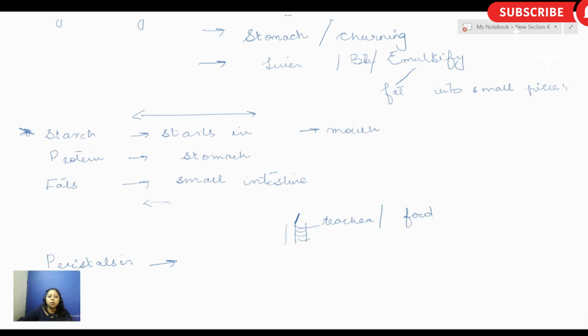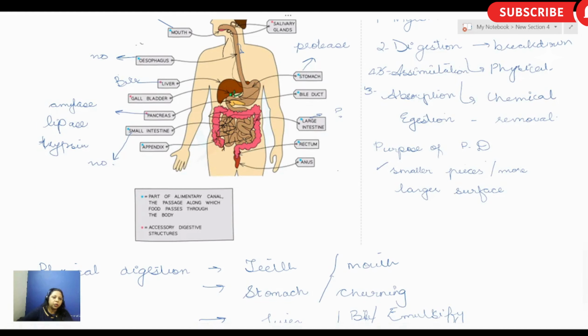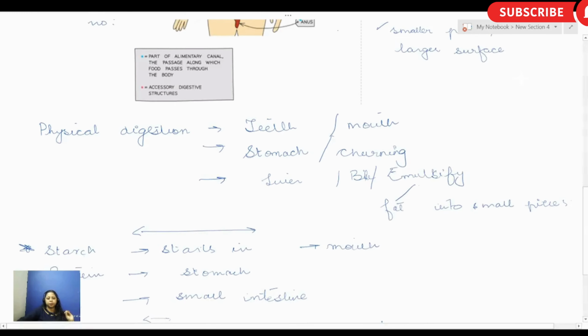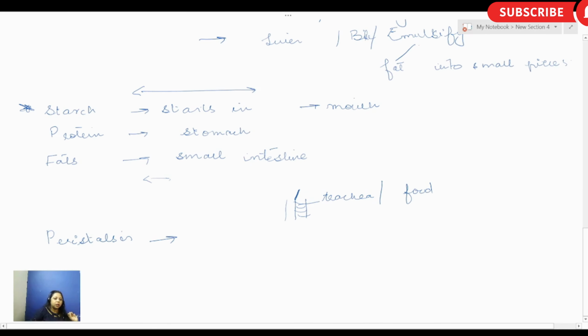Okay, so let's say it moves into the stomach. Now the stomach has three components. What are those components? HCl, pepsin, and mucus. What is the function of HCl?